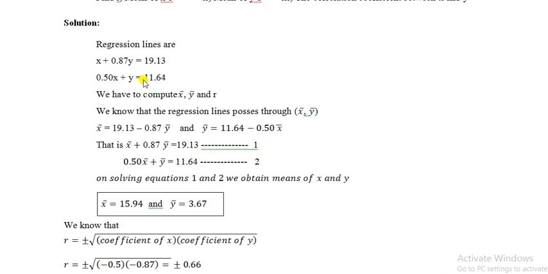Here also replace x and y by x bar and y bar: 0.50 x bar plus y bar equal to 11.64. On solving these two equations, we obtain the means of x and y as 15.94 and 3.67.